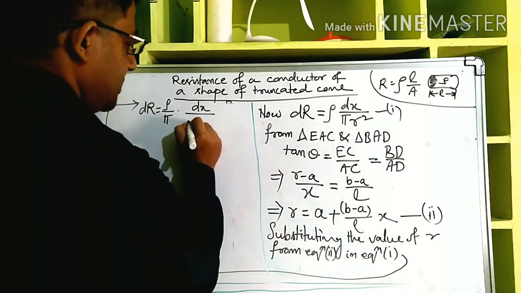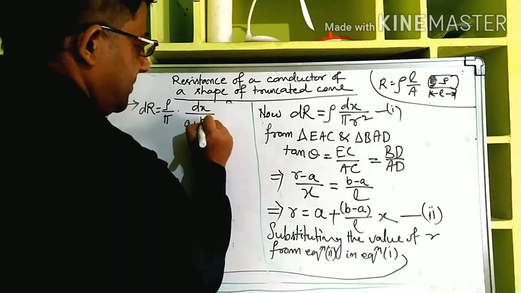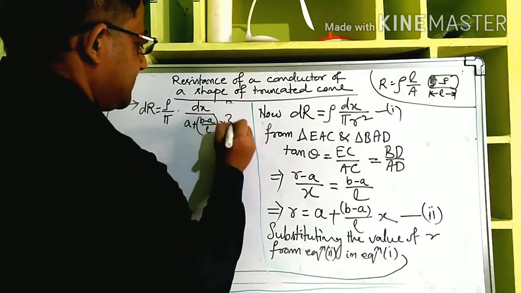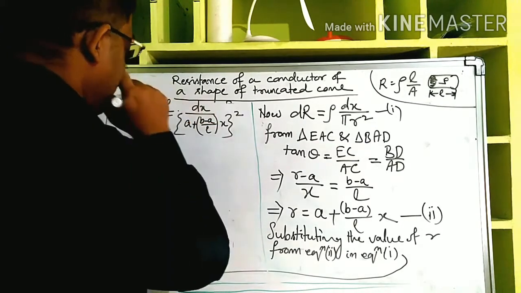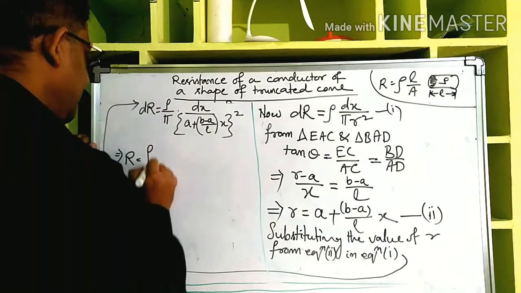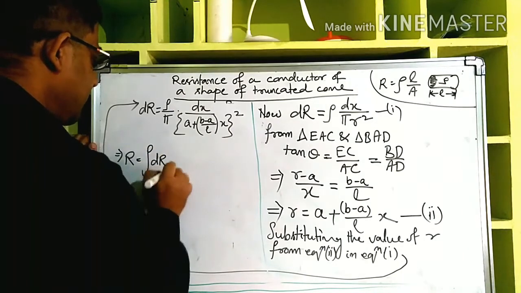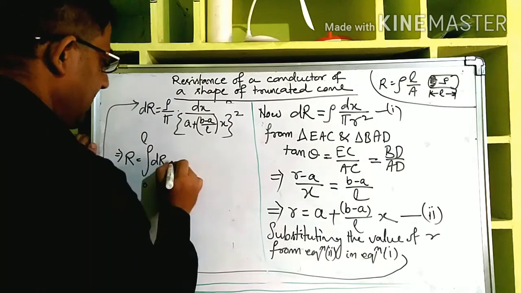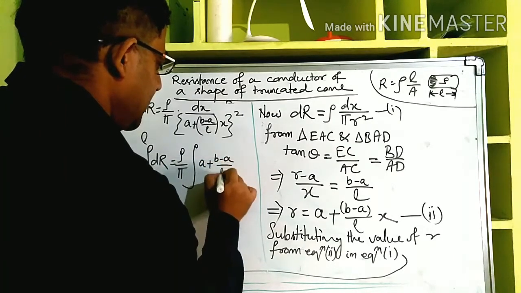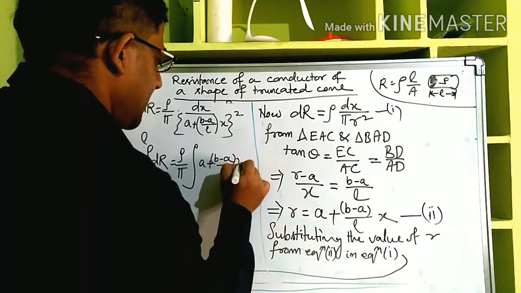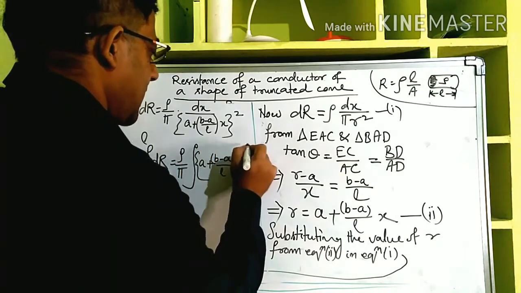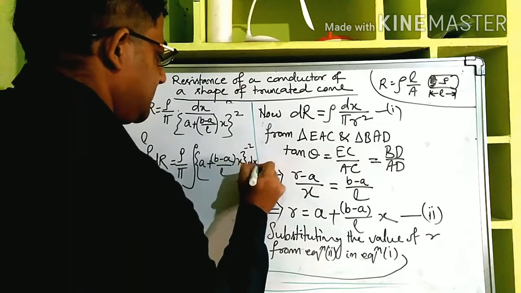So (A plus (B minus A) by L x) whole square implies that R is equal to the integration of dR between the limits 0 to L, right? Rho by pi, A plus (B minus A) by L x to the power minus 2 dx.